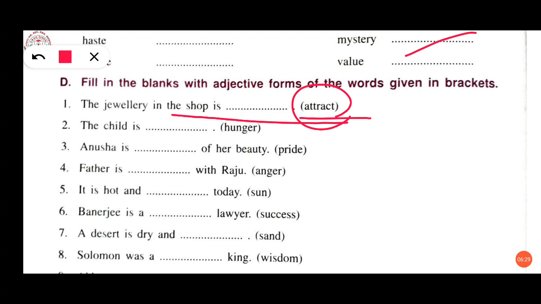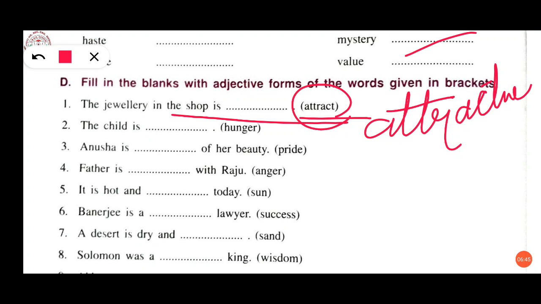The jewelry in the shop is dash. Attract is given in the bracket, and like in the previous question we have to complete this by using suitable suffixes. So the answer is attractive, ATTRACTIVE.